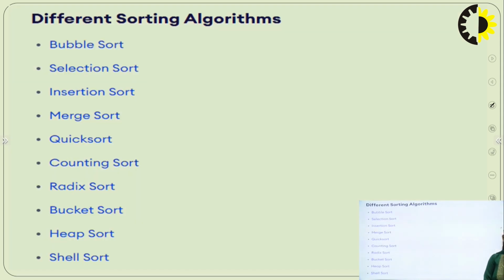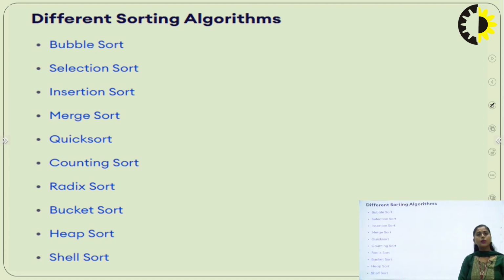Okay. Next, here I am giving a list of different types of sorting like bubble sort, selection sort, insertion sort, merge sort, quick sort, and many more. And I believe in your first year you already studied Programming for Problem Solving as a subject, and you already covered the first 3 algorithms.